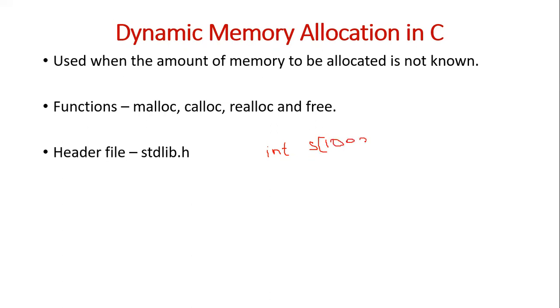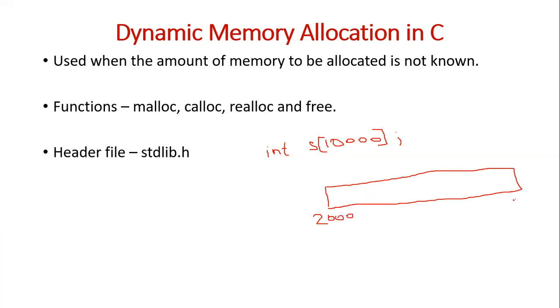Now what will happen? This is a static allocation only. It will create an array of 10,000 locations. It's an integer array where each location occupies 4 bytes. So how many bytes should be allocated? 10,000 times 4, 40,000 bytes. So if the starting address is 2000, then the ending address will be 42,000, right?